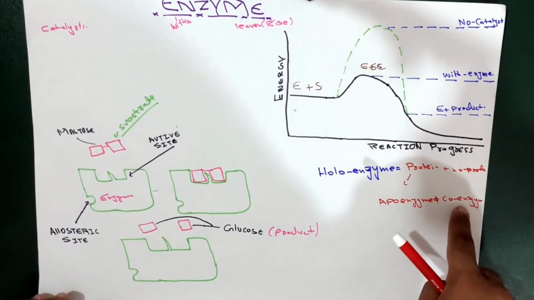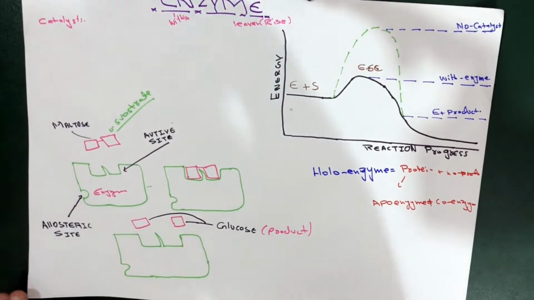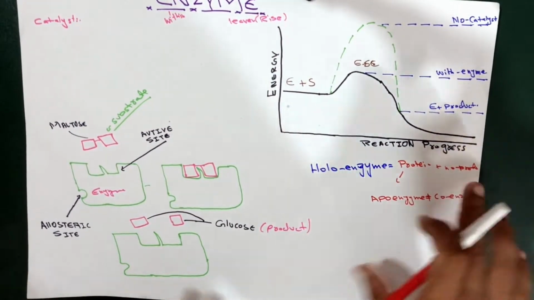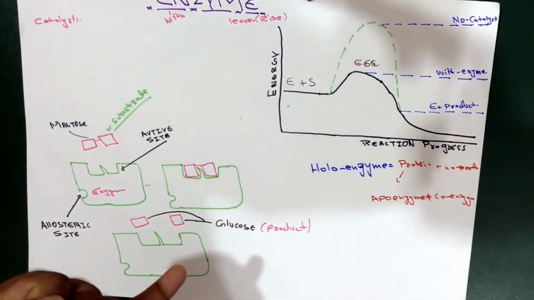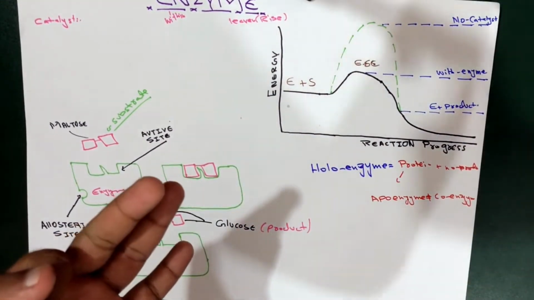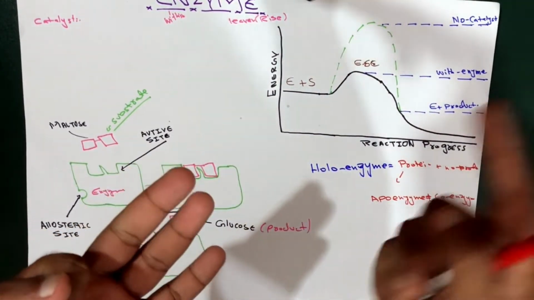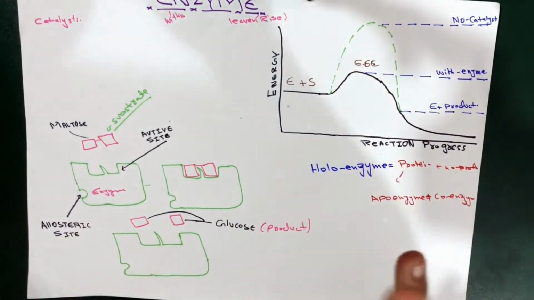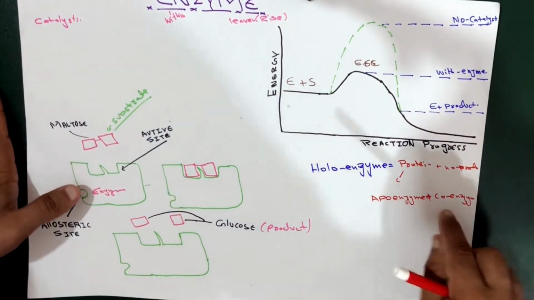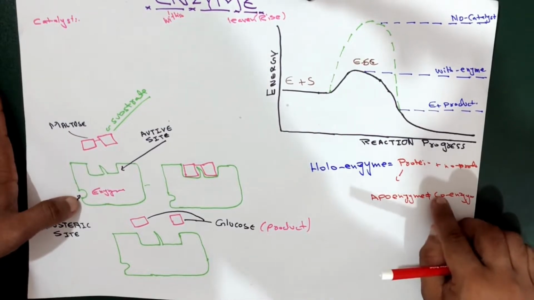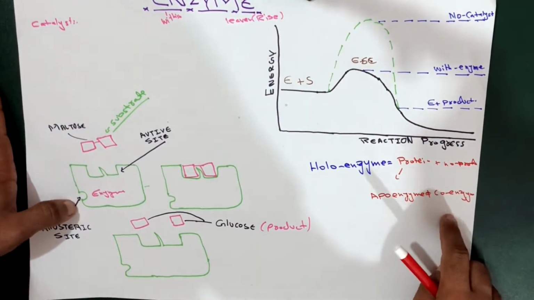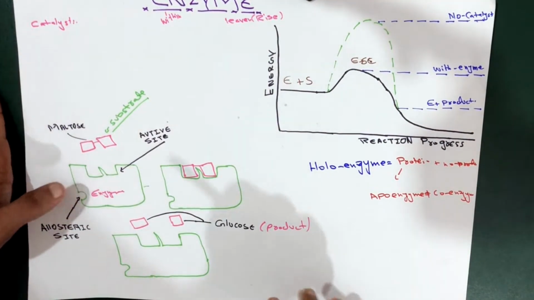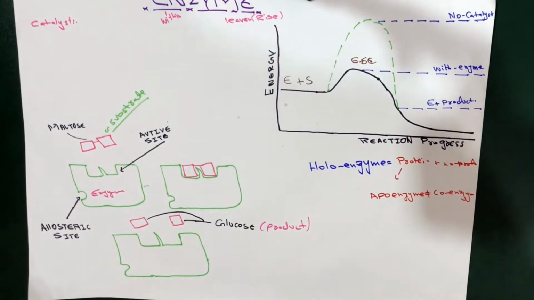So get the idea: any non-proteinous part. It is an English word meaning co, together with the enzyme. So it is a non-proteinous part in the case of the holoenzyme.